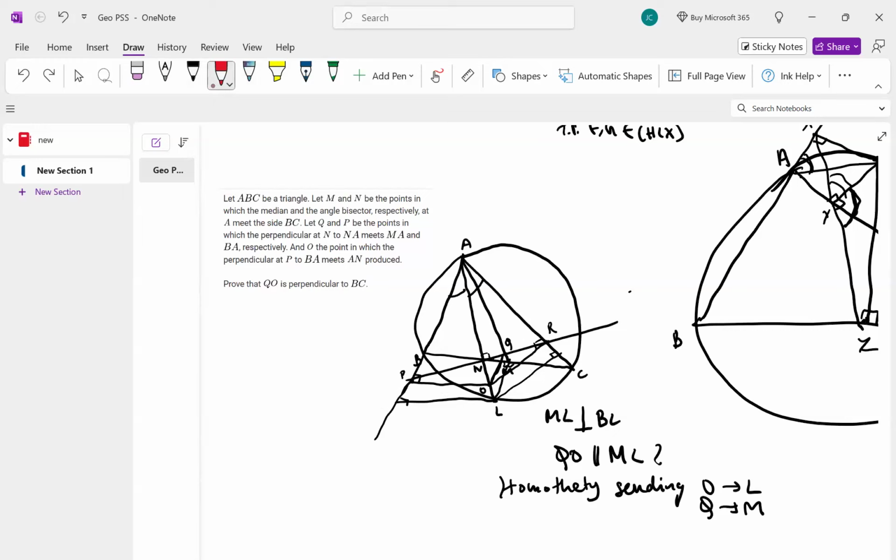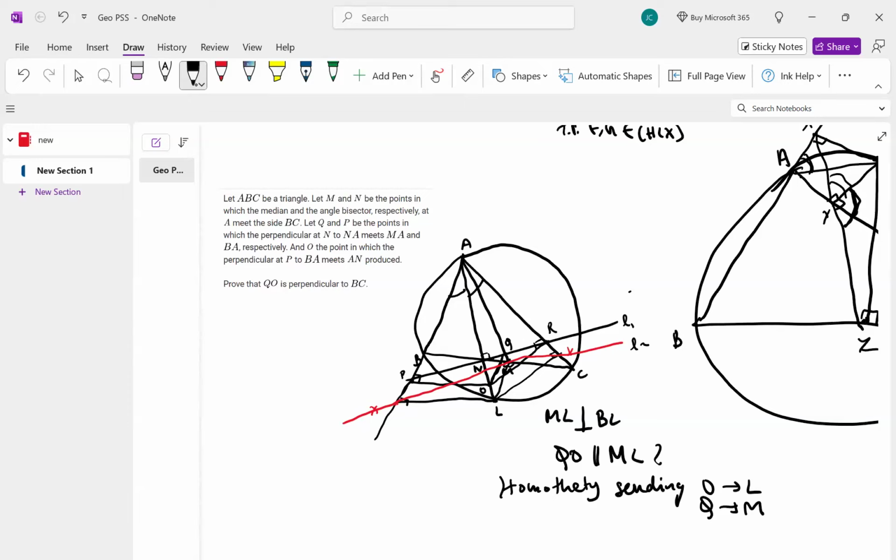It does not pass through O. It passes through M also, right? Yes. So that means you have a homothety sending this L1 to L2. So Q goes to M and O goes to L, so we are done.